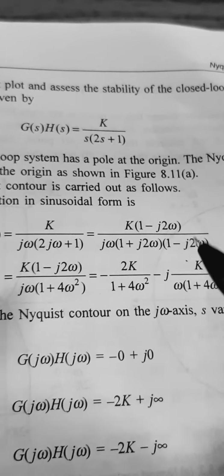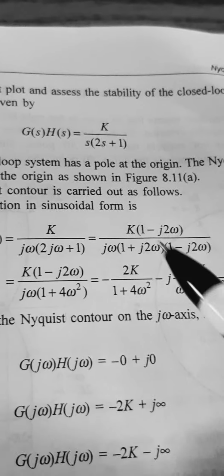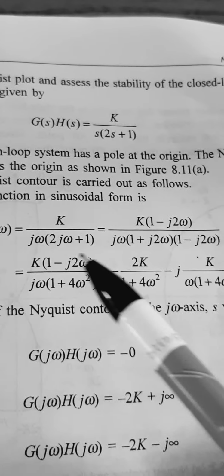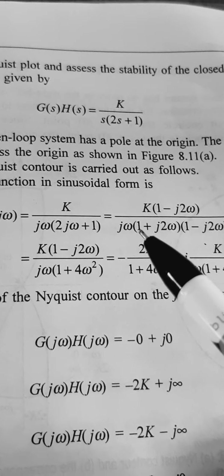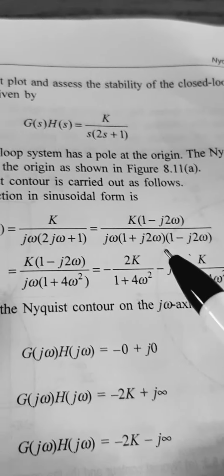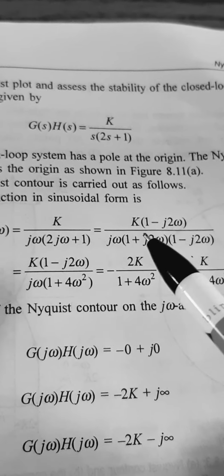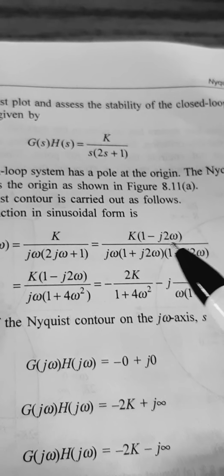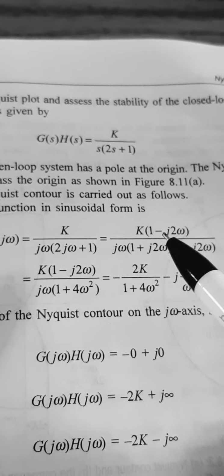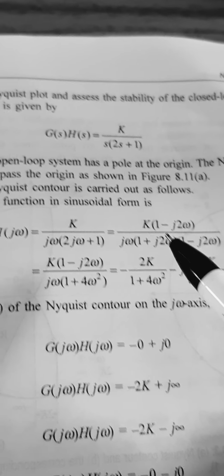Converting into standard form as j omega into (1 plus 2j omega), the complex conjugate is (1 minus 2j omega), and the same term is multiplied in the numerator also.